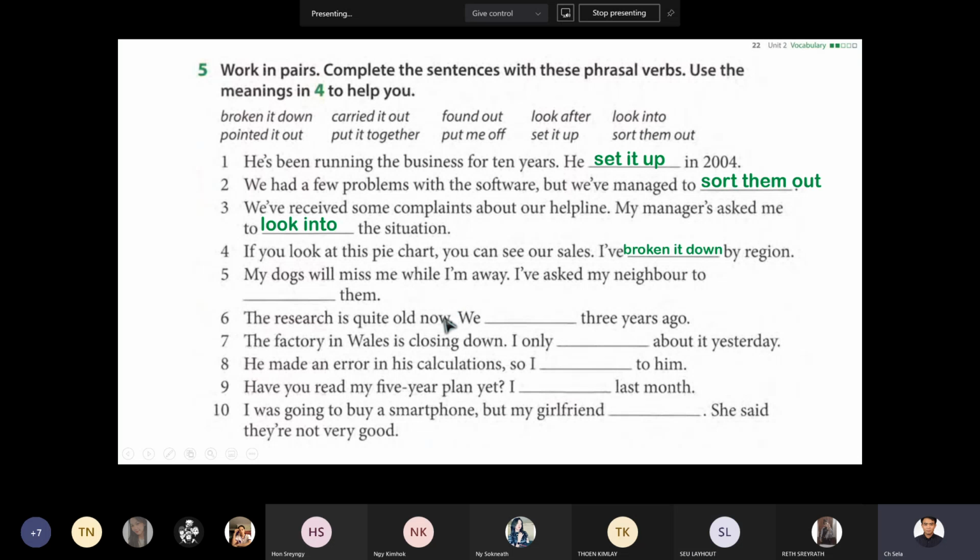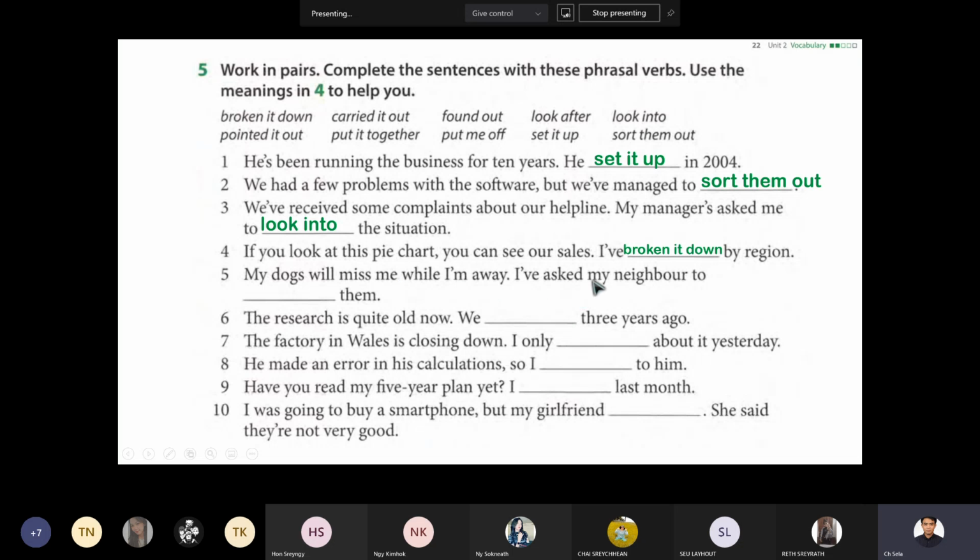Okay, number five. My dogs will miss me while I'm away.